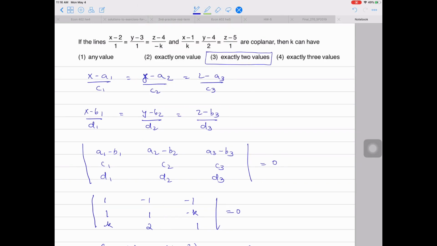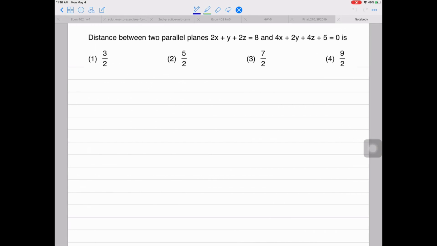Let's move on to the next question. The distance between two parallel planes 2x plus y plus 2z equals 8 and 4x plus 2y plus 4z plus 5 equals 0 is. So since these two planes are parallel, the equation of a plane is ax plus by plus cz plus d equals 0.